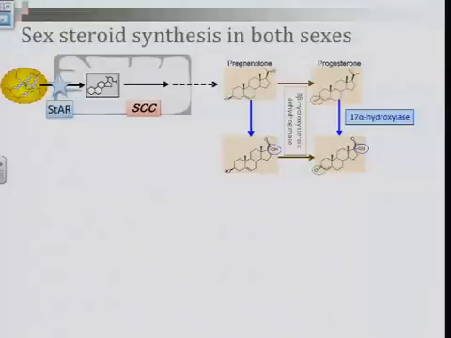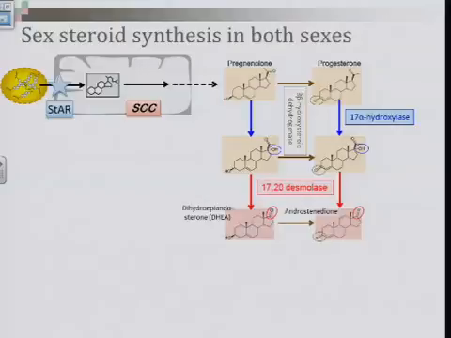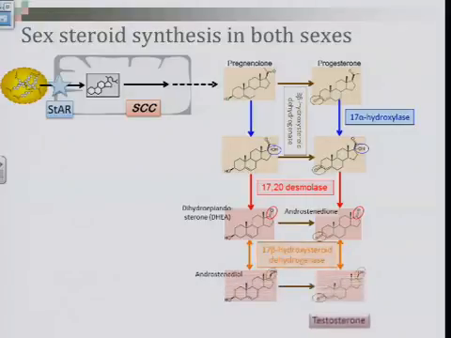In both sexes, sex steroid synthesis has a common pathway. So we've got cholesterol esters, steroid acute regulatory protein, cytochrome P450 side chain cleavage to pregnenolone, progesterone, 17-alpha hydroxylase. Androgen synthesis and estrogen synthesis require the 17,20 desmolase to give DHEA and androstenedione, and then a 17-beta hydroxysteroid dehydrogenase to give androstenediol and testosterone.